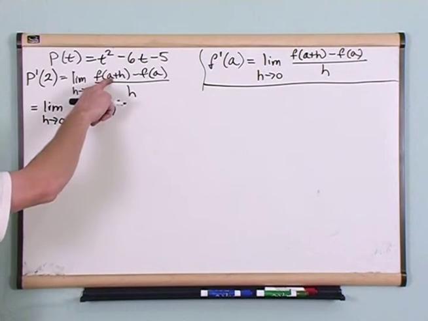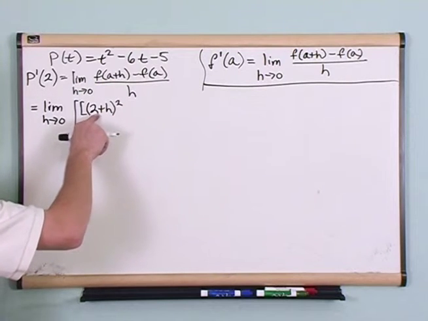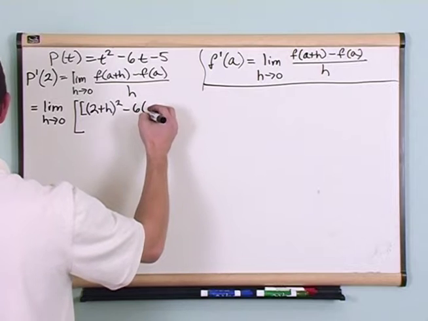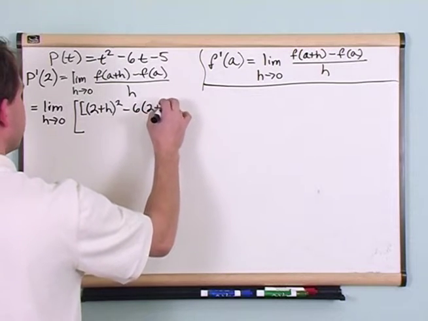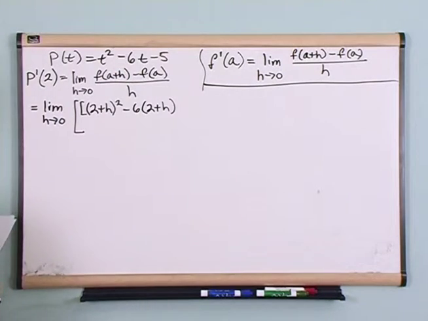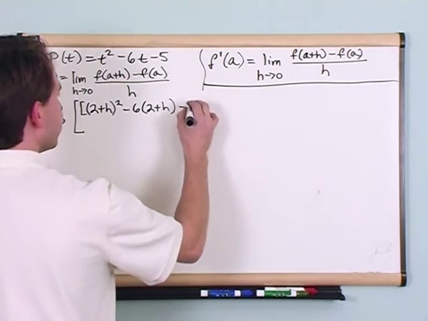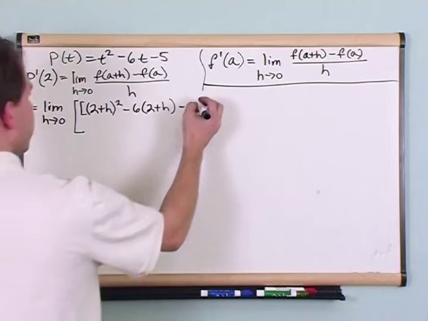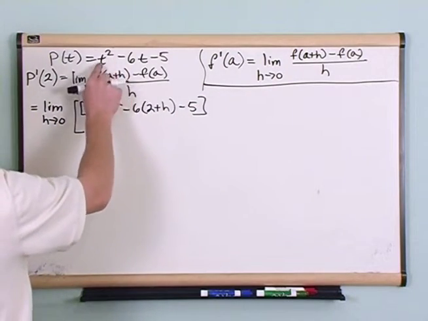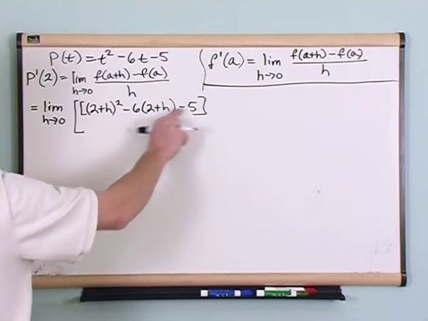So here, A, I'm going to fill in with the number 2. So 2 plus h squared minus 6 times 2 plus h. Again, a plus h goes in here where a is equal to 2. Minus 5. Okay? So this is the first term. This is f of a plus h. I've just plugged a plus h in here where a is equal to 2, and I get this.